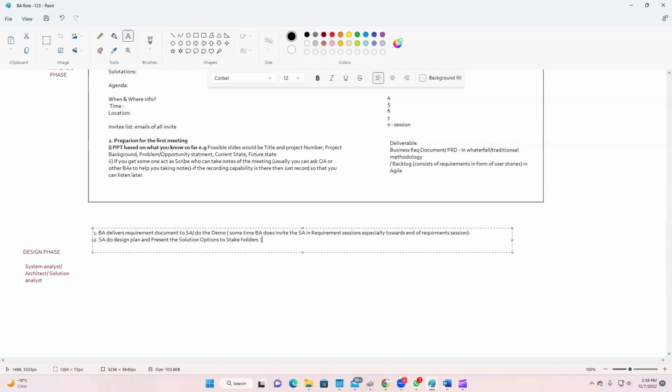They now need to get those solution options finalized, so they need to meet with the stakeholders. The BA helps to set up the meeting with stakeholders. This is how the BA partners with the SA.